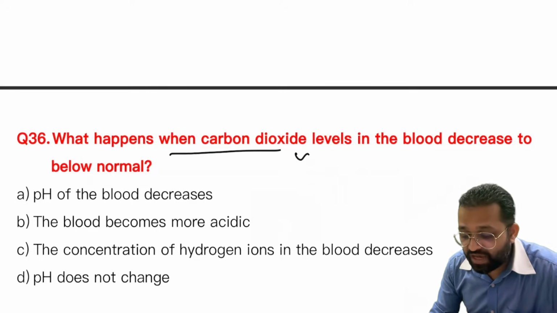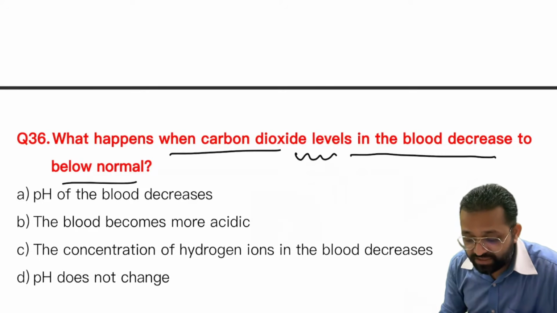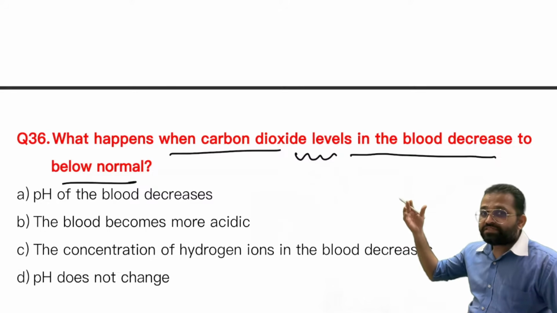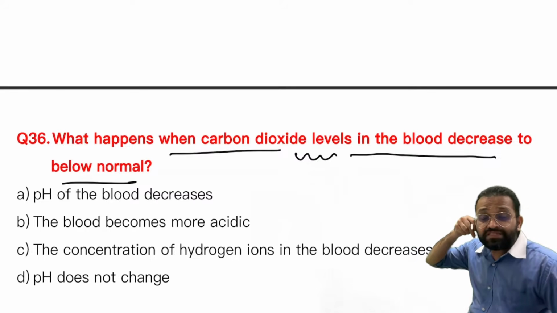What happens when carbon dioxide levels in the blood decrease to below normal? Yes, tell me. What is your answer? Carbon dioxide levels in the blood decrease to below normal.